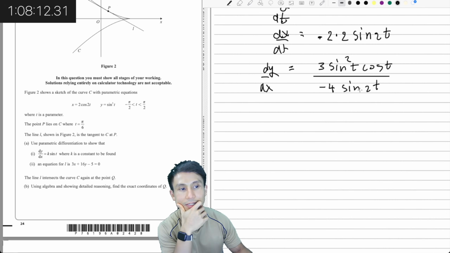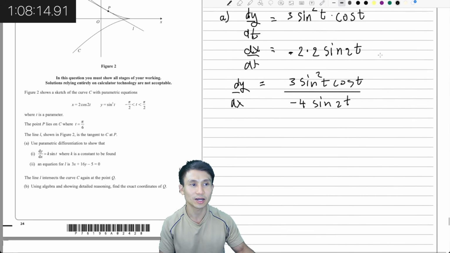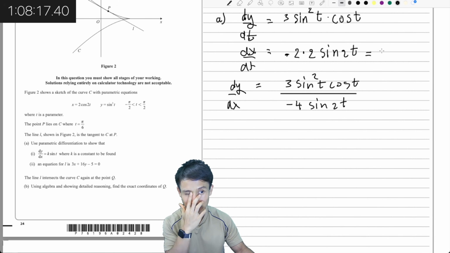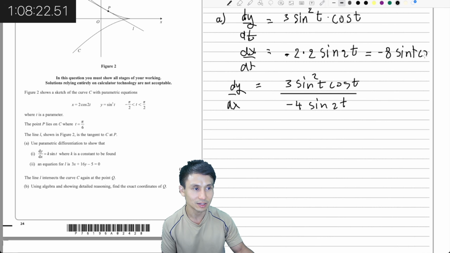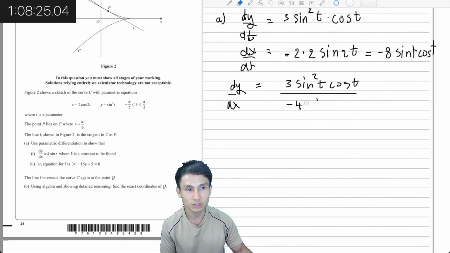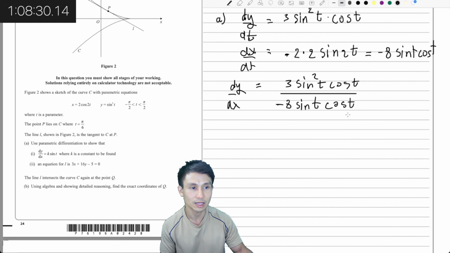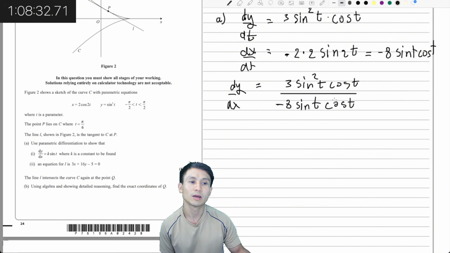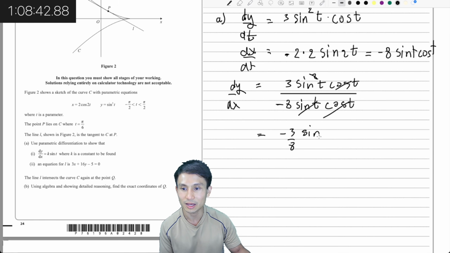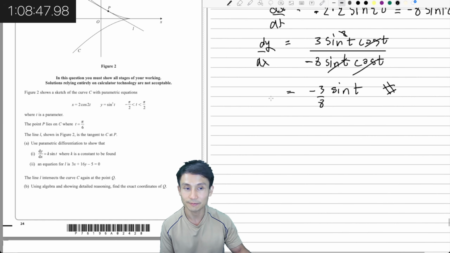Now sine 2t is 2 sine t cos t, so that's going to be minus 8 sine t cos t, just using a double angle. So cos cancels, sine cancels once, and we get minus 3 over 8 sine t as required. So k is minus 3 over 8.